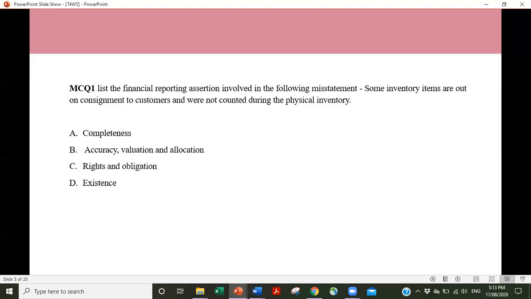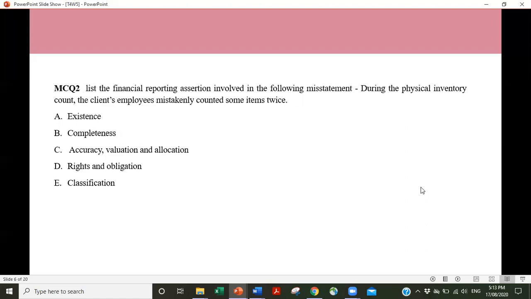Okay. The next one is about the physical stock take, where the client's employees mistakenly counted some items twice. If they counted them twice, that means existence is not fulfilled. The asset doesn't exist; it only exists once.